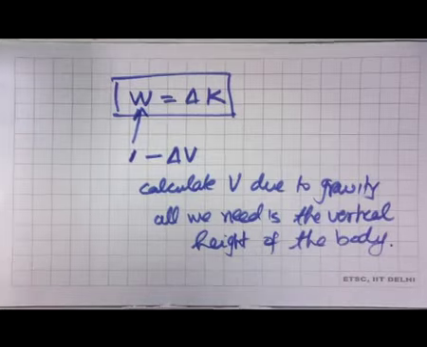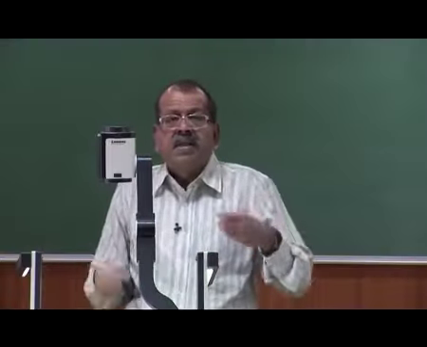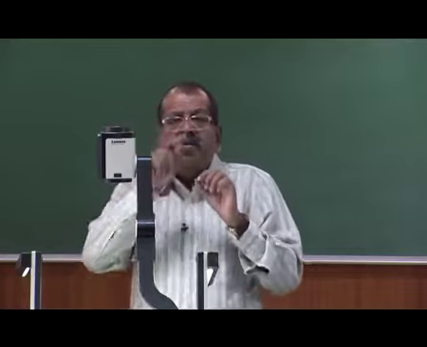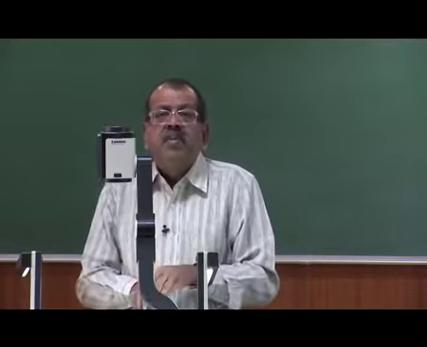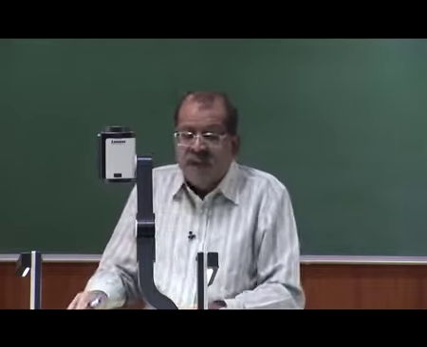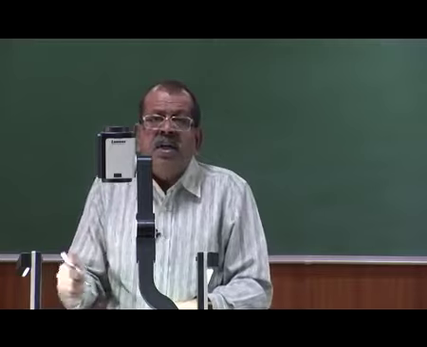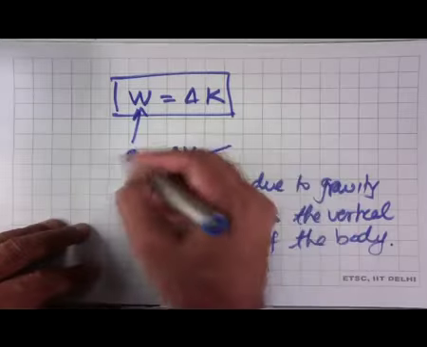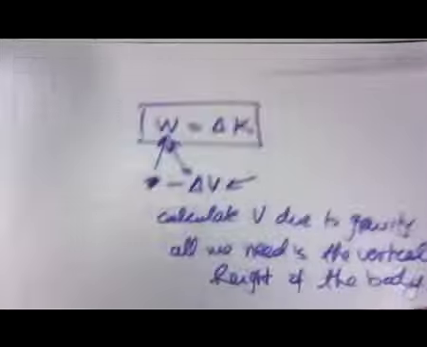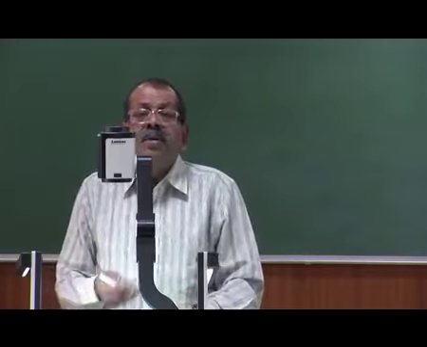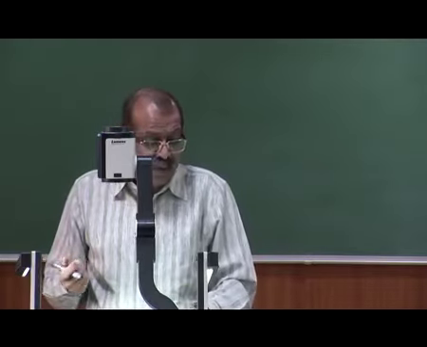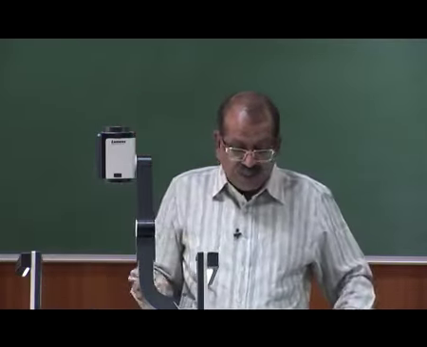So whether the body is moving along a curved path or inclined path, it does not matter. At the position of interest, we need to find the vertical height with respect to some reference position. So the calculation of work done becomes quite easy when a conservative force acts, because instead of W we use minus the change in potential energy, and we do not need to bother about the path the body actually takes when it moves from position 1 to position 2.